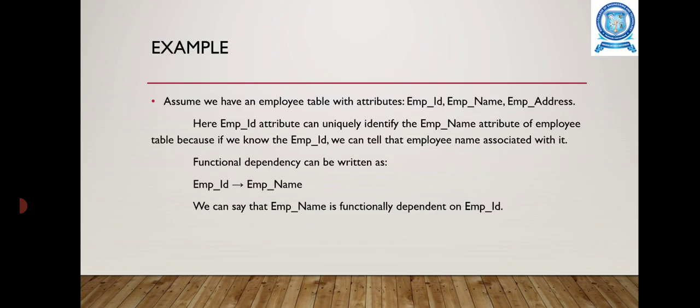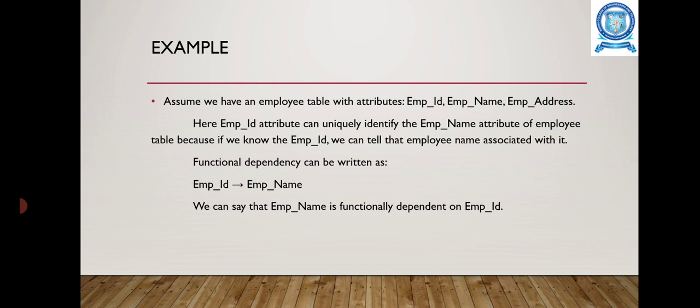For example, assume we have an employee table with attributes employee ID, employee name and employee address. Here employee ID is an attribute that can uniquely identify the particular employee name attribute of the employee table, because we know the employee ID.